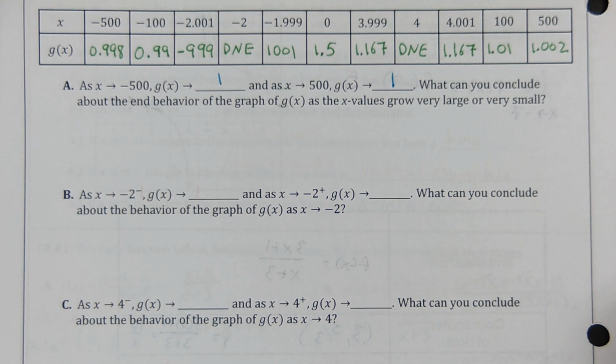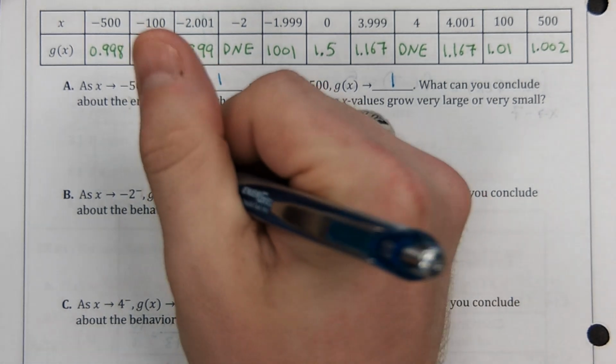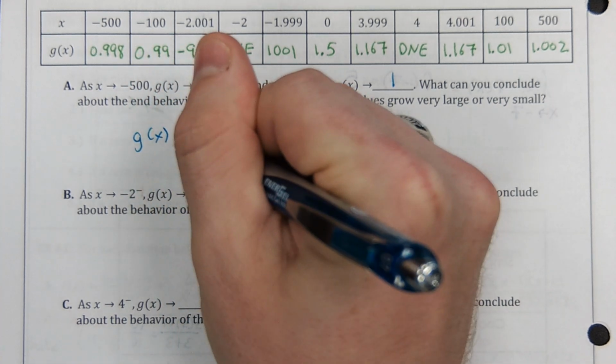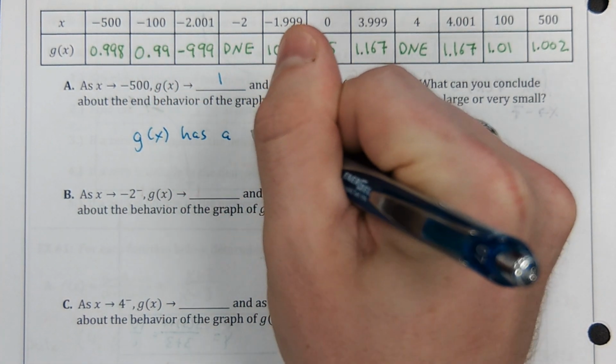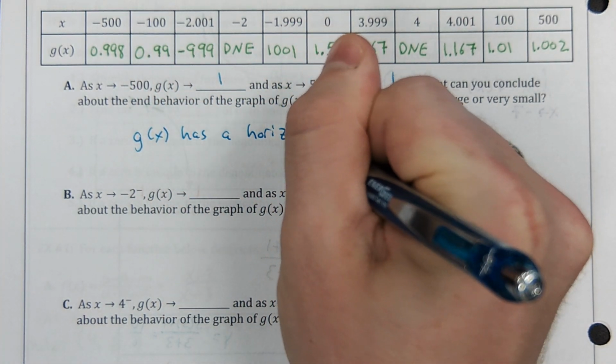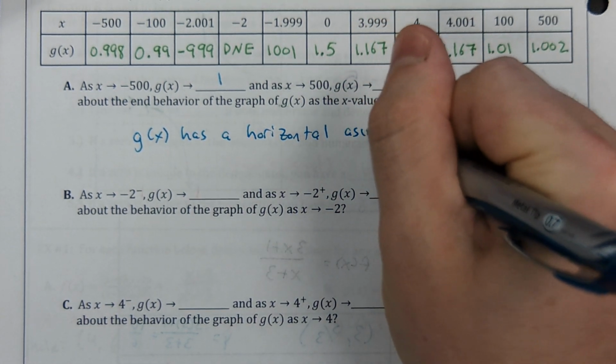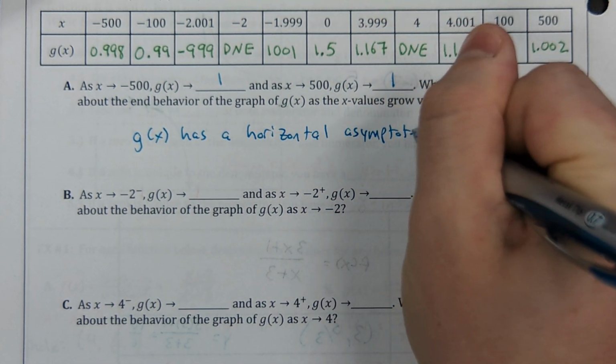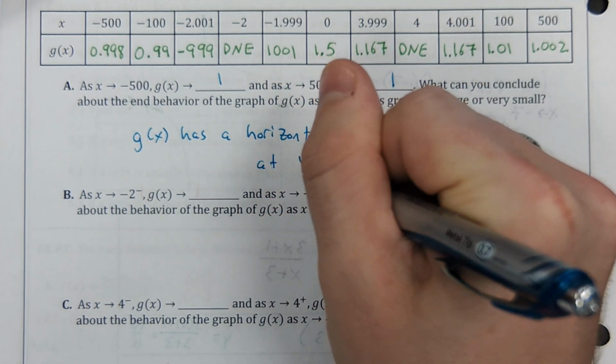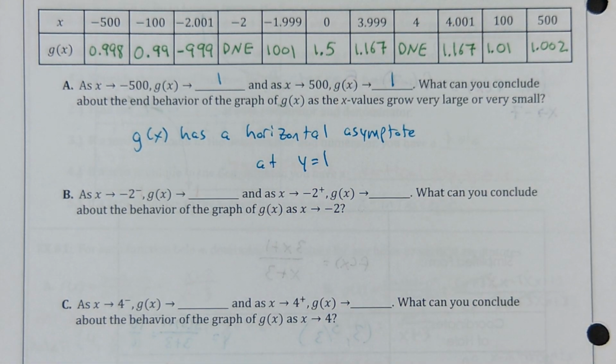So what does that tell us? It's the horizontal asymptote, because that's the end behavior. It's describing your y values approaching an actual value as x goes really far left or really far right.